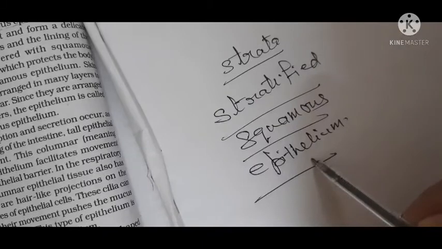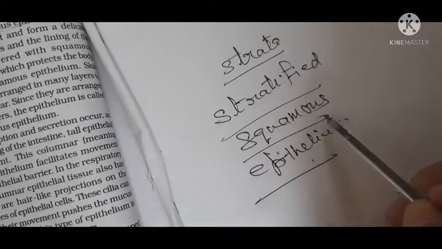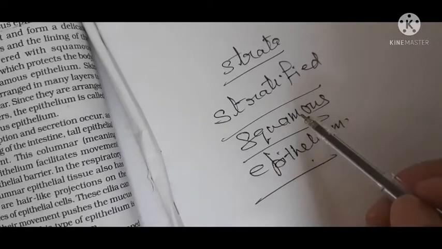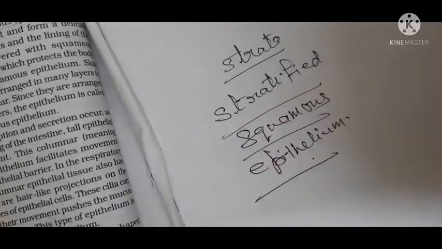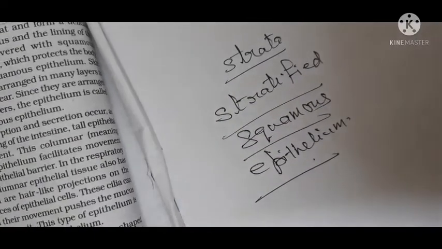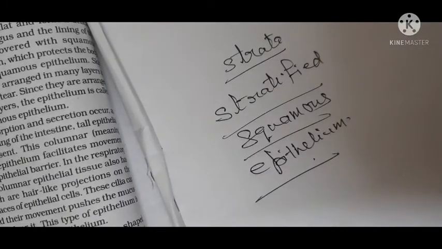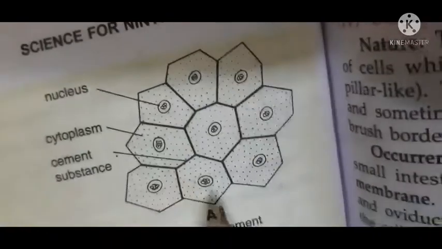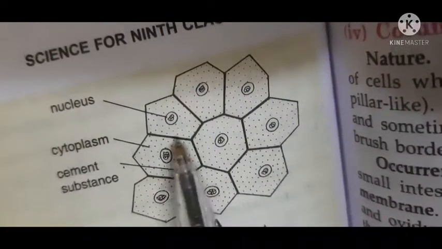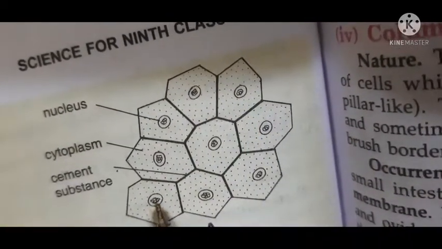Epithelial means it is protective in function, and in squamous epithelium the cells are flat, very close to each other, and very thin. You can see in this book also, these are the cells, and the cells are closely packed and thin.